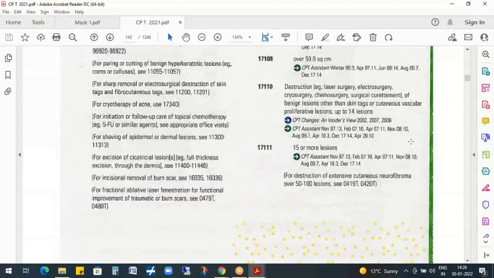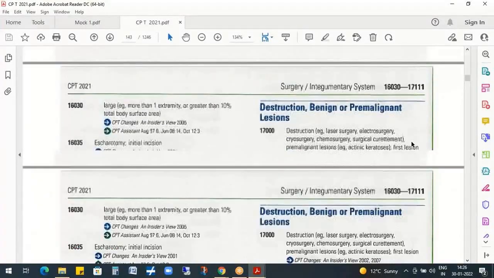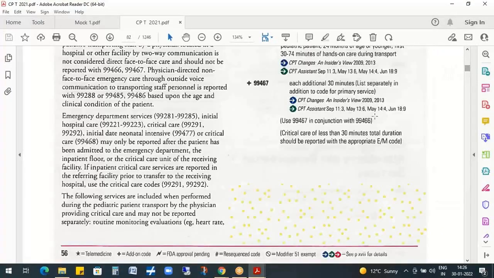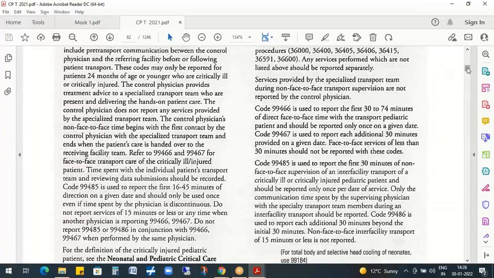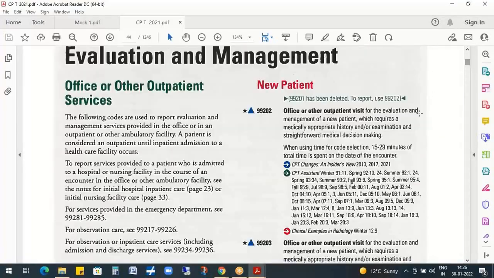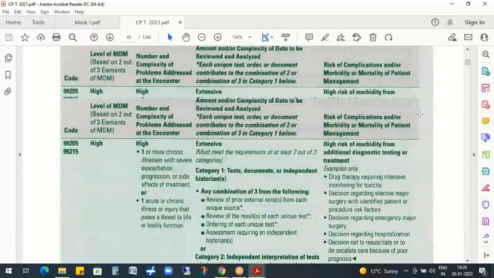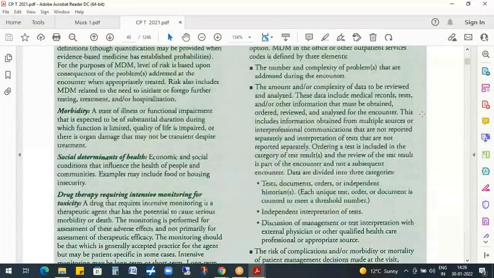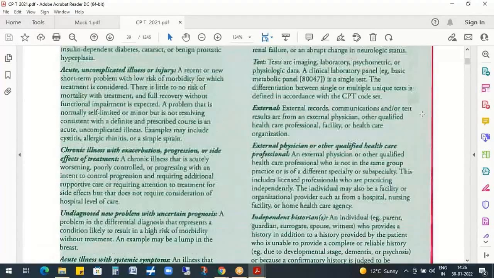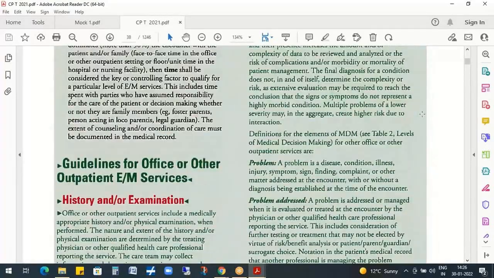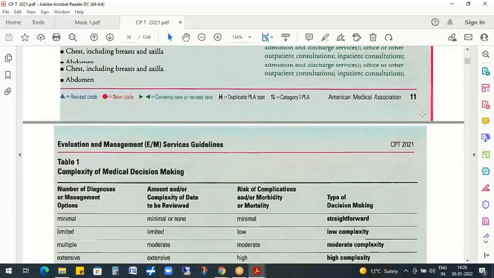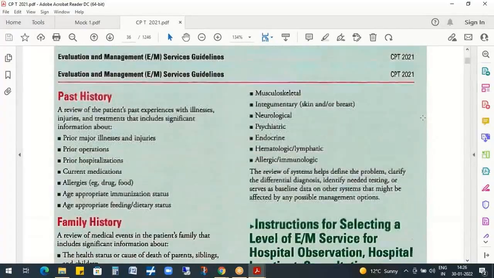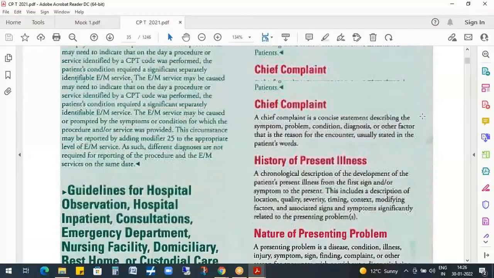There you can see one appendix, modifier 51 exempt codes.